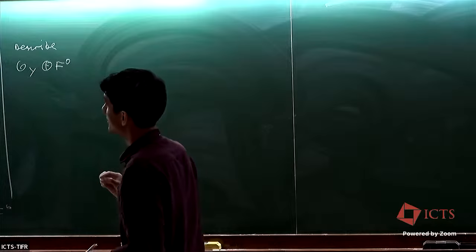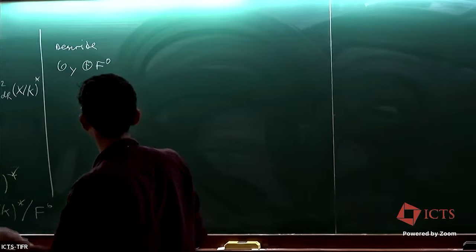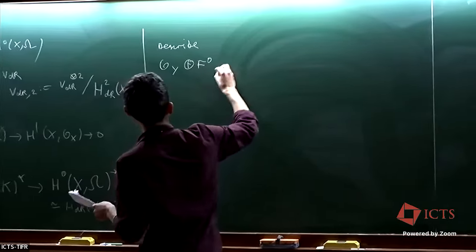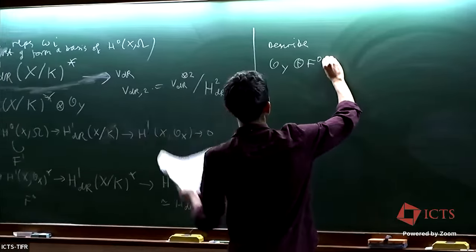And maybe I'm going to define V de Rham 2 just for this talk to be, turns out to be the right thing to do, V de Rham dual tensor 2 modulo the image of V de Rham. And then it turns out that this thing also has a Hodge filtration.